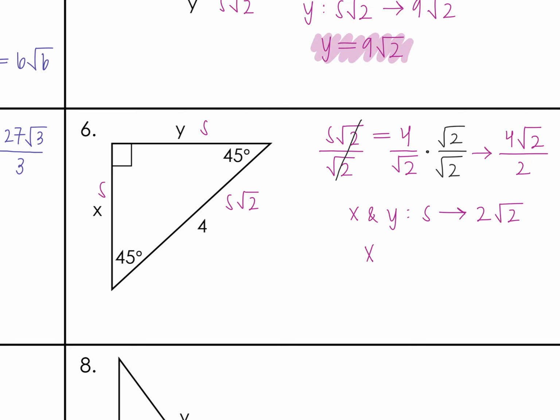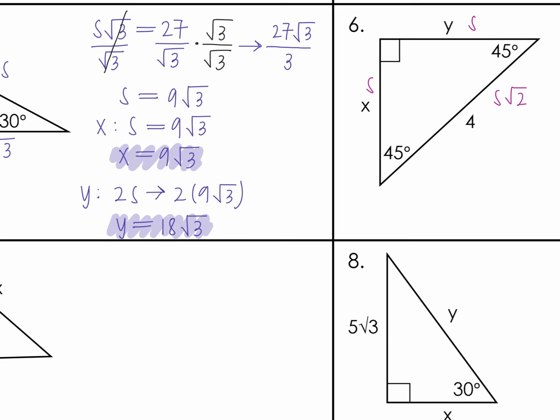So x is equal to 2 root 2, and y is equal to 2 root 2. Okay, now let's look at number 7.